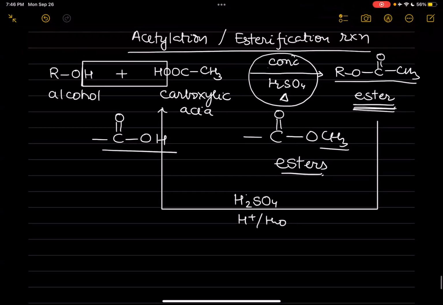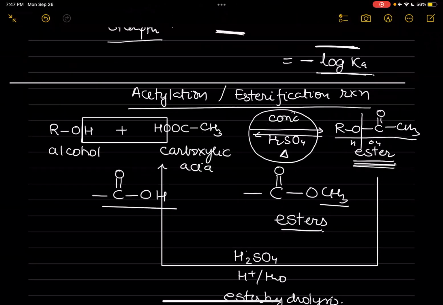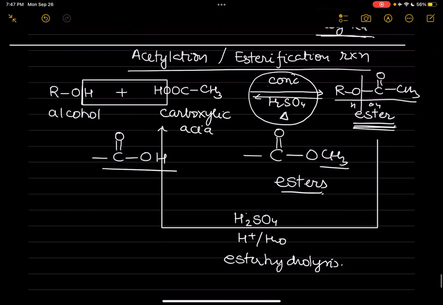So ester is going to break again, H and OH, back to carboxylic acid and your alcohol. So the forward reaction is esterification and the reverse reaction is ester hydrolysis. Is it clear? Yes, sir. So you heat alcohol and carboxylic acid, you end up with ester.